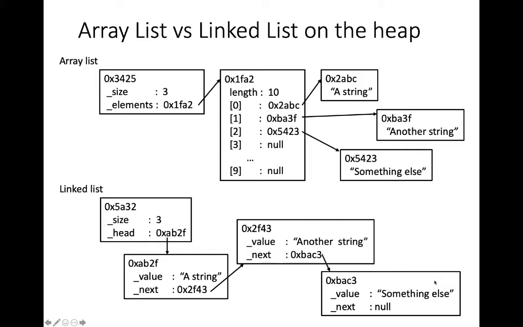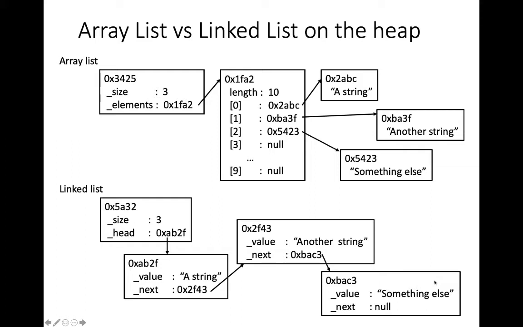Now notice the size of the list is 3. The size of the array is 10. The idea being that the array needs to be as big as the list for sure, but is often bigger than the list needs in order to have room for adding things. And we can see that demonstrated by the fact that everything past index 2 is set to null.